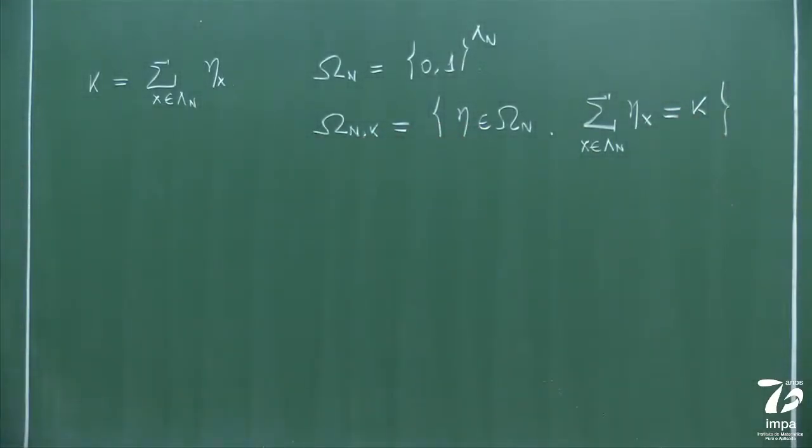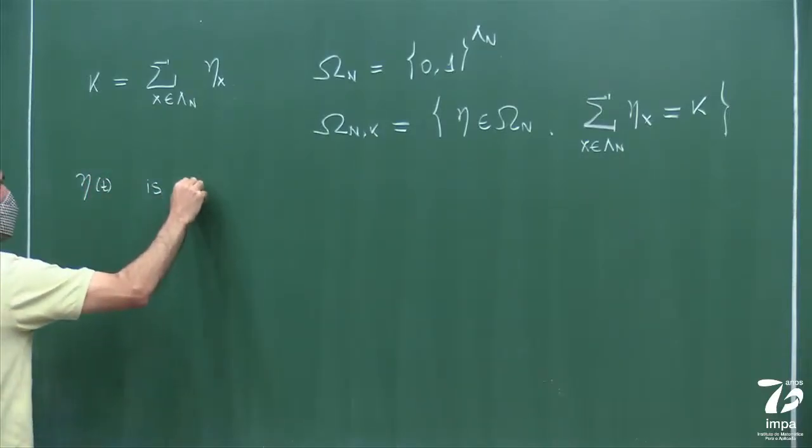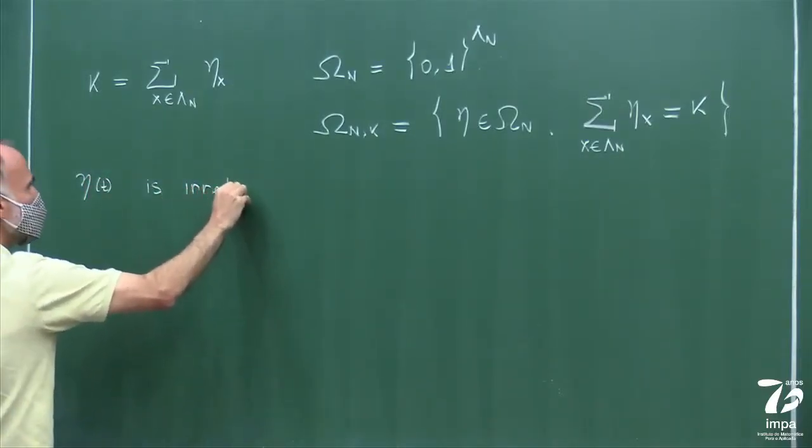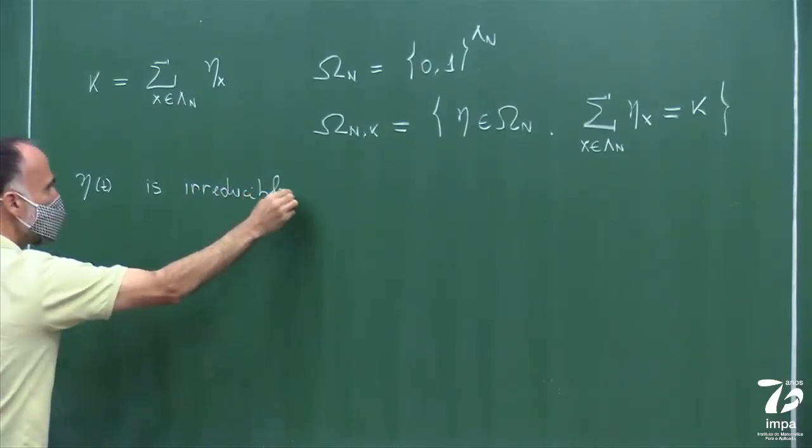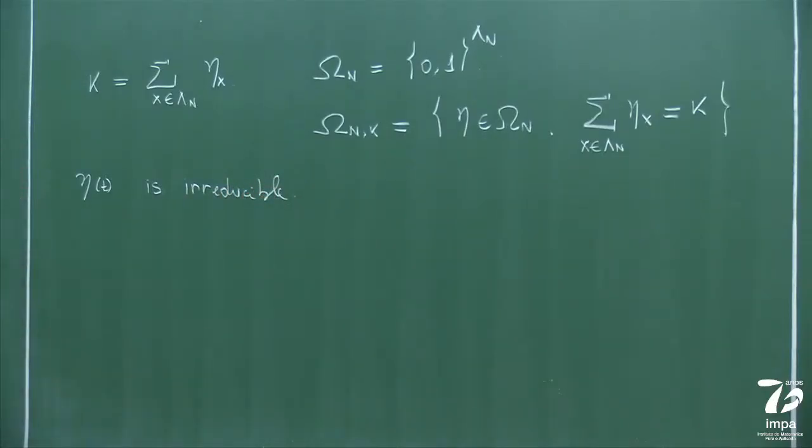And what I claim is that if you consider this process in this state space, then it is irreducible. So the Markov process η_t is irreducible. Okay, so let me prove that.